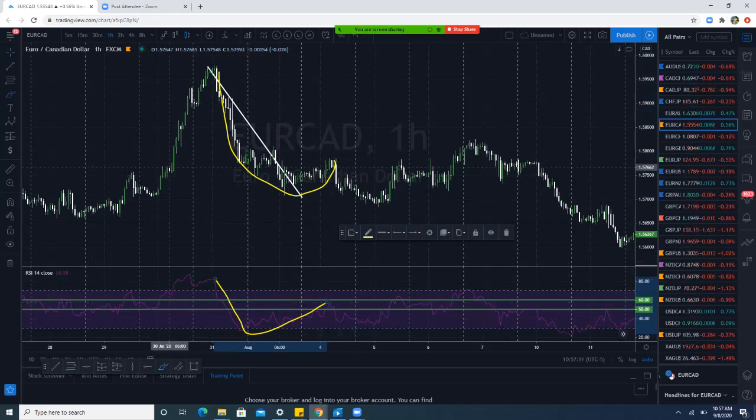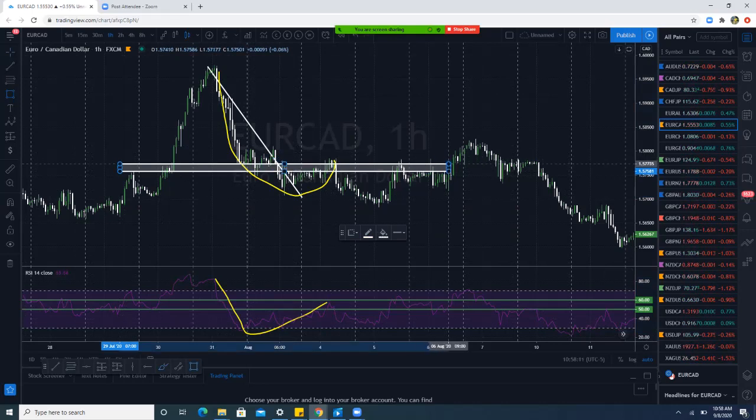And the only other thing I have to do to confirm it, because you never trade solely off of RSI, you use it as a point to let you know where to look and when to look for something. You use one other form of confirmation. The form of confirmation I'm going to use here is price zones. So you see that there was a price zone there. And then you could have placed your trade.